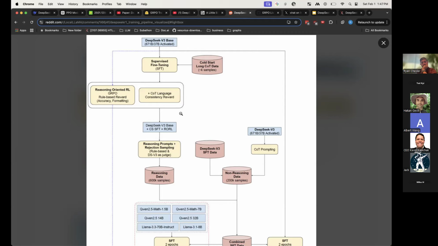Everybody who's downloaded a 32B or smaller model, where they did their training on it, there is no RL in that model that you used. So you got the 32B or 7B or whatever on your computer that you're running locally and playing with, zero RL.